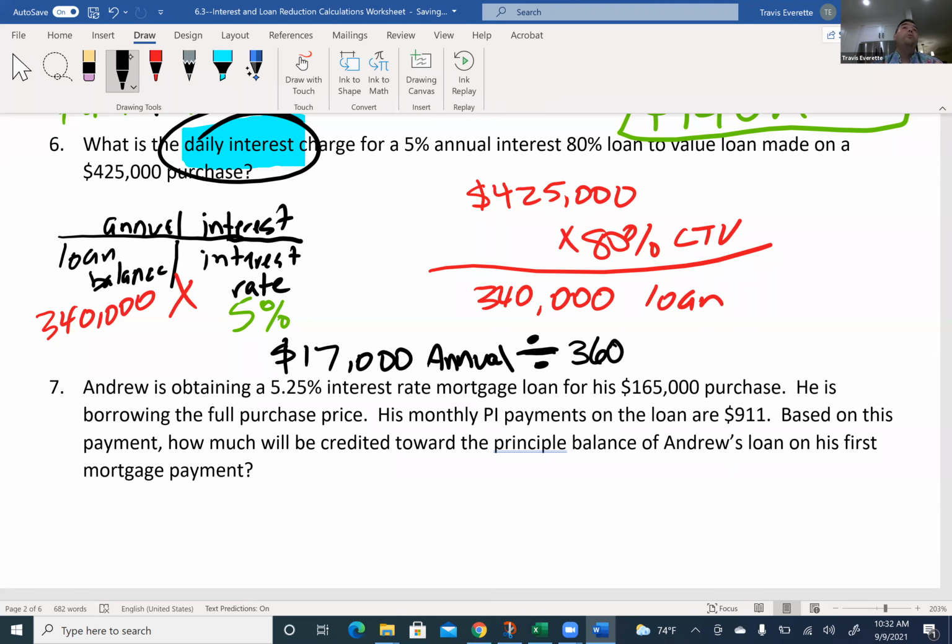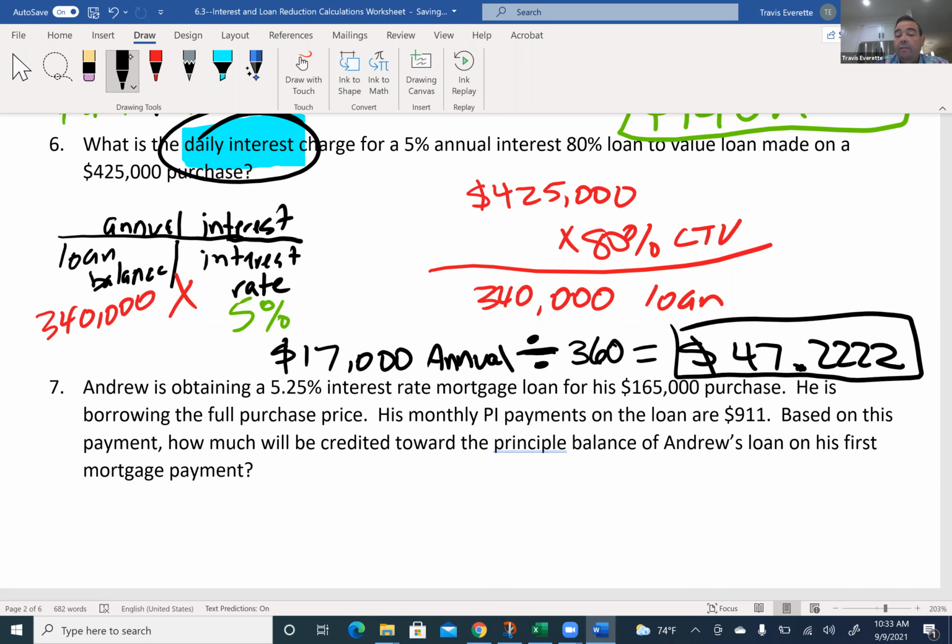Just know that when you're dividing it down to daily, you're eventually going to be dividing by either 12, then 30, or just dividing in one step by 360. So 17,000 divided by 360 days, that is per day, $47 and about 22 cents in interest per day on that loan.